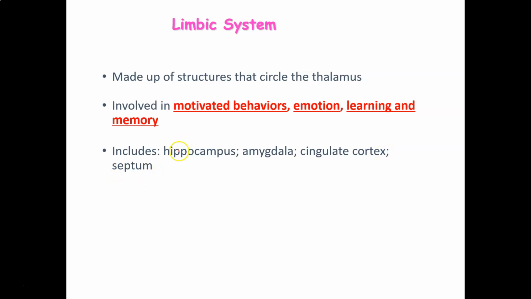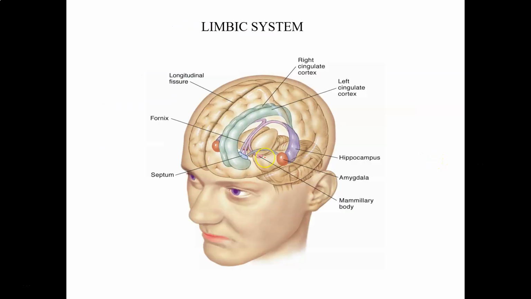You may have heard of the hippocampus and amygdala before if you've taken intro psych, for example. The hippocampus handles learning and memory. The amygdala processes negative emotions such as anger and aggression. And so here in green and a little bit of red and purple, you have the limbic system.